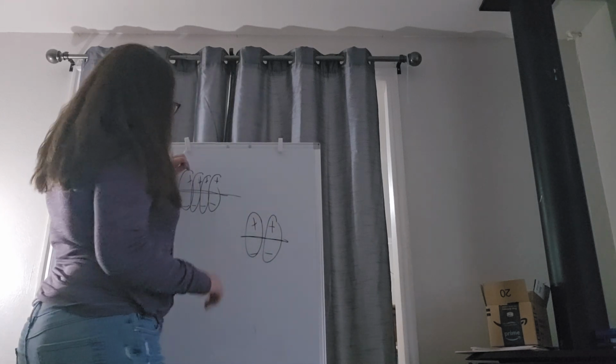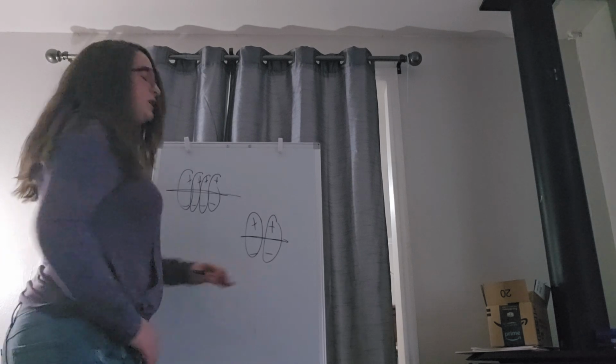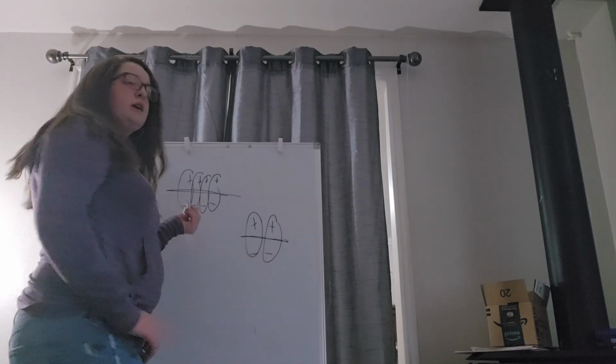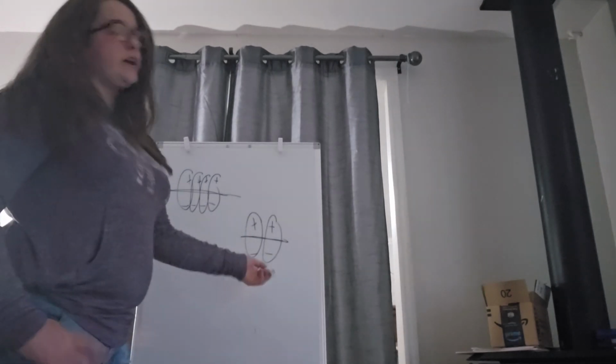This has more than what this one does. This one's considered low capacitance. So the more you have, the higher the capacitance. The less you have, the lower the capacitance.